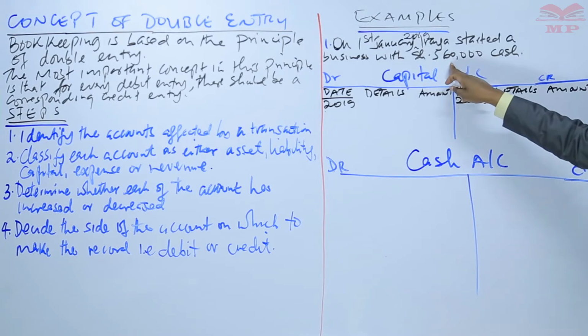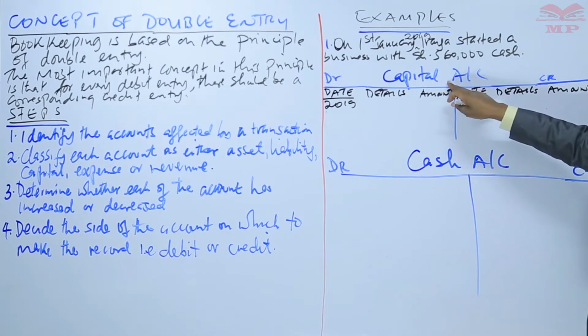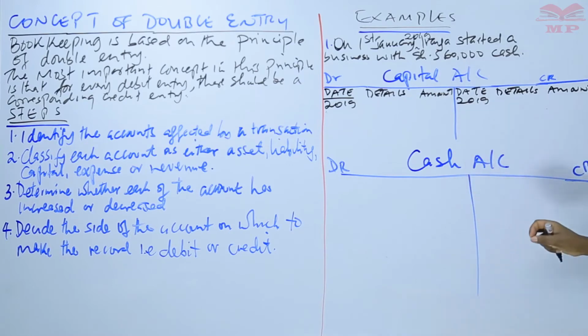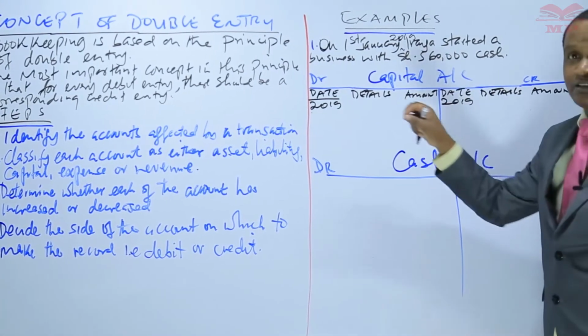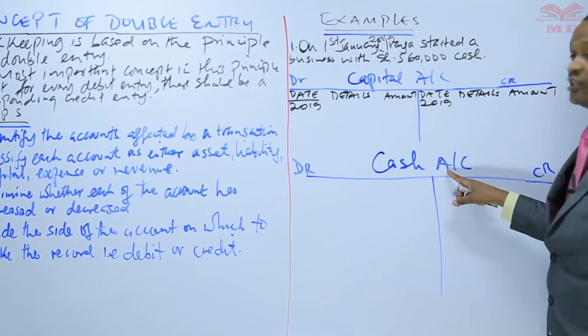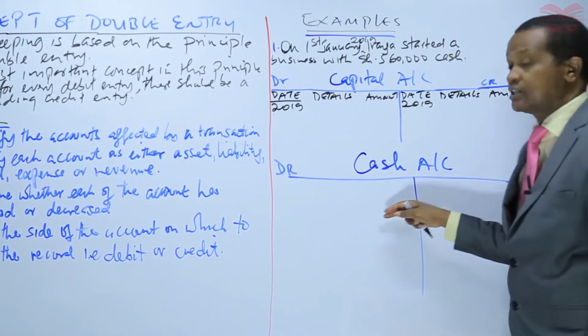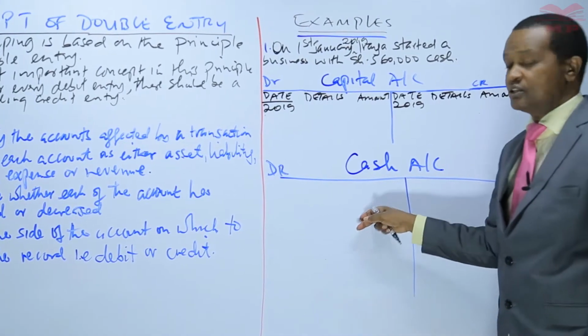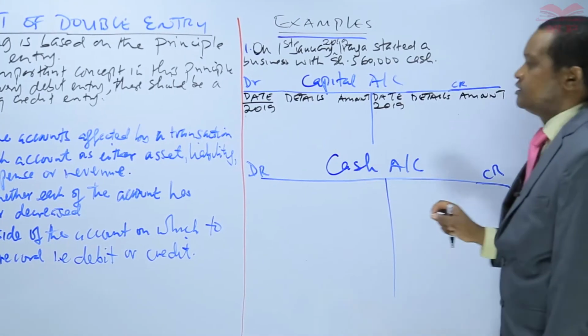Iraya has started a business. That means the capital account has increased. At the same time, has this cash account increased or decreased? Money is brought into the cash account. It means this cash account again has increased.